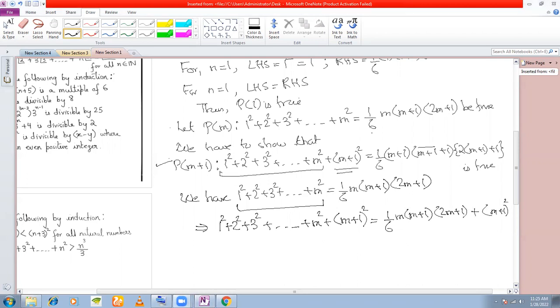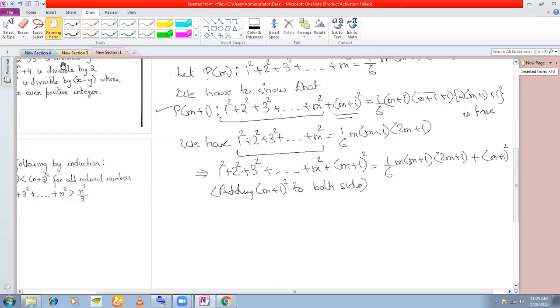What have I done here? Adding (m plus 1) whole square to both sides. Right? So I've got the left hand side of P(m plus 1), isn't it? This entire thing, have I got it here? Yes. What only remains to be shown? Only this part, right? So I work with this part.